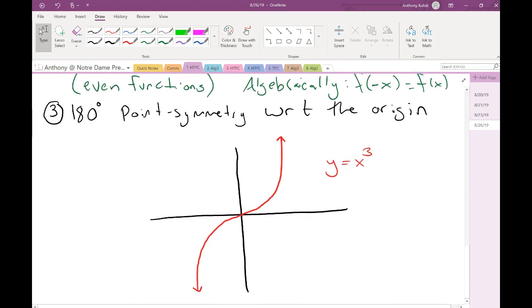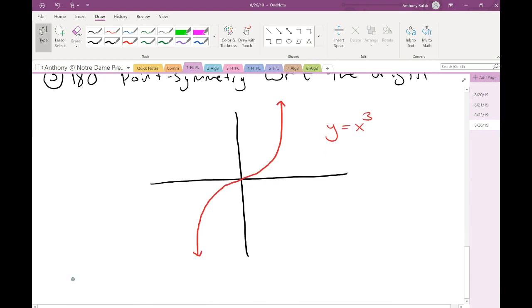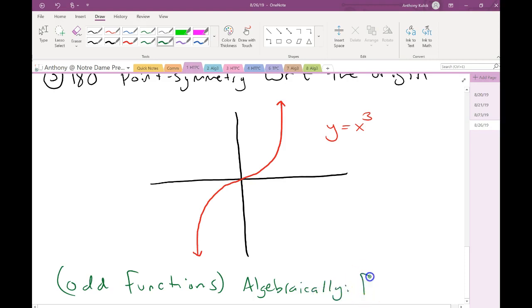And in the last case, we call these odd functions. And algebraically, we say that f of negative x equals negative f of x.